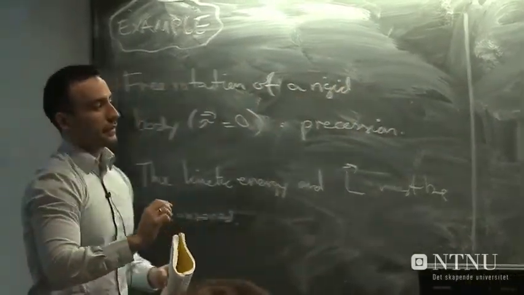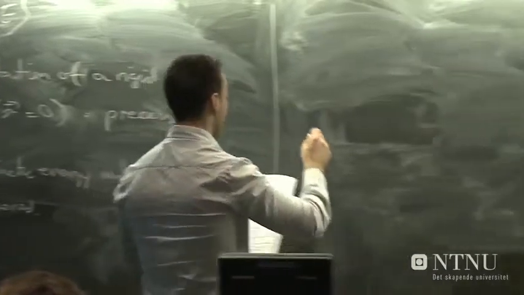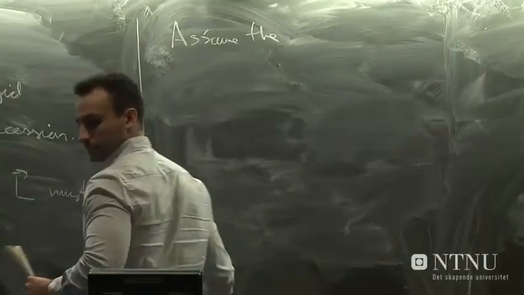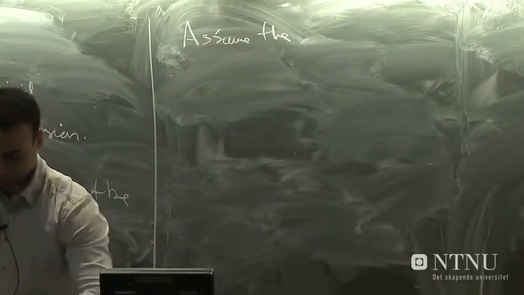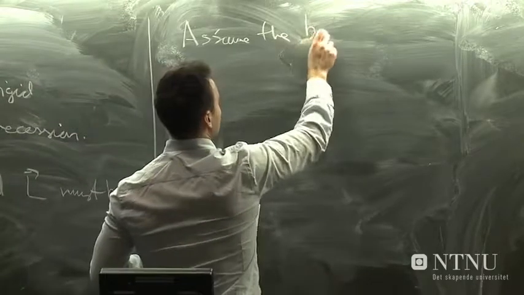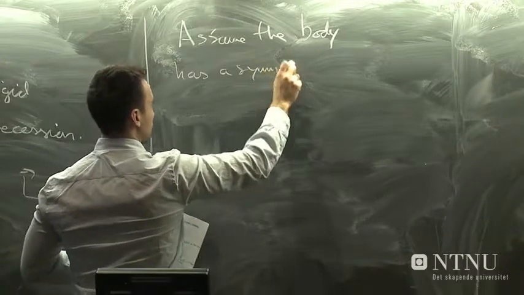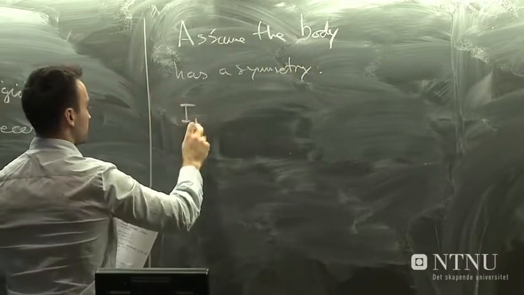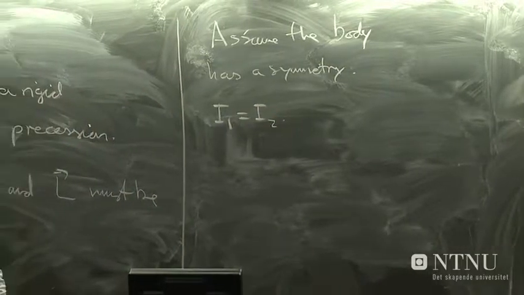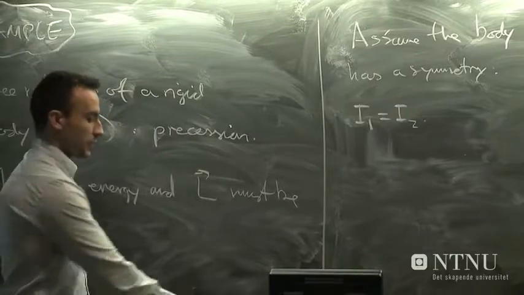Well, consider a somewhat simplified situation in terms of a specific symmetry for the body. So we'll consider a body which has a symmetry, meaning that two of the main moments of inertia are equal, like for the top spinning.